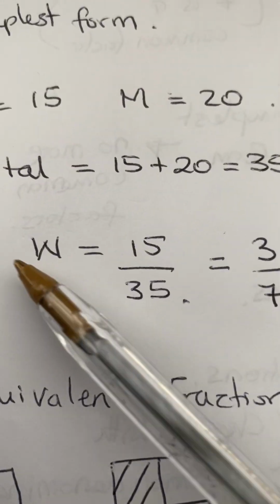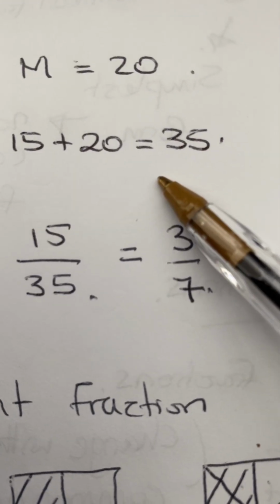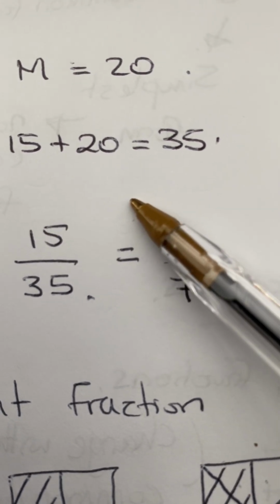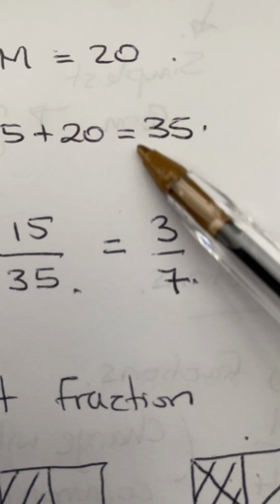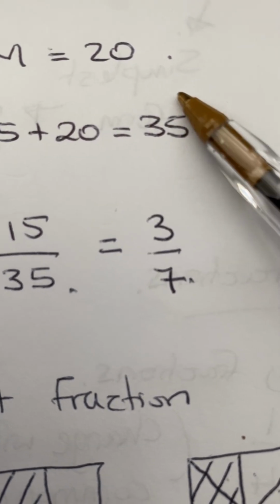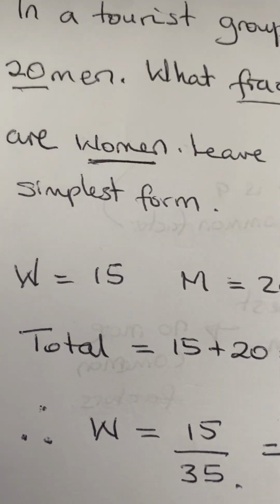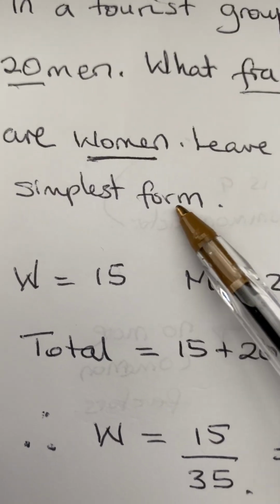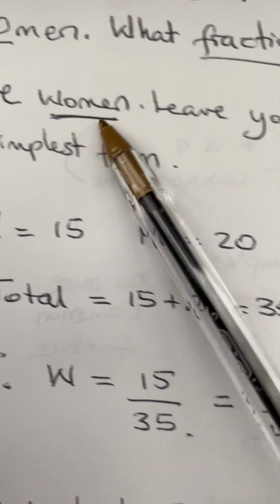So the total people on this tour, both men and women, are 35. You have to know that. Now they said what fraction of the group are women?